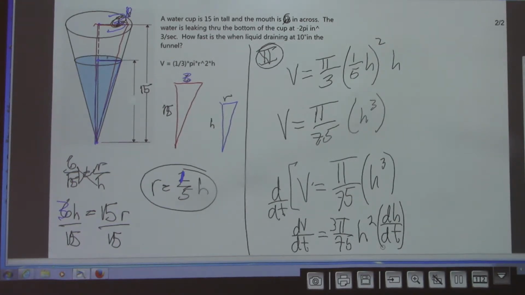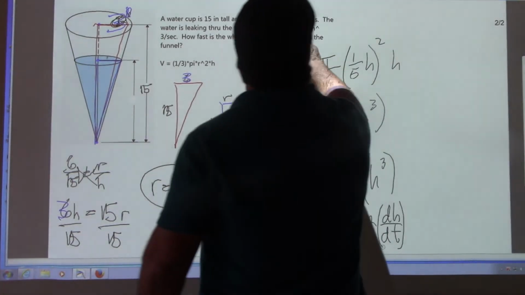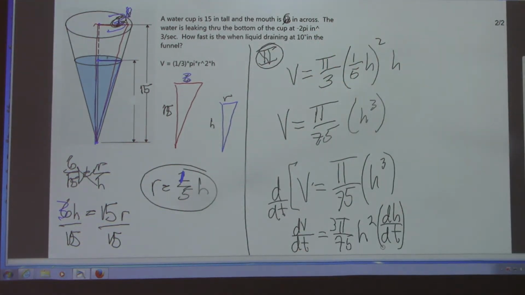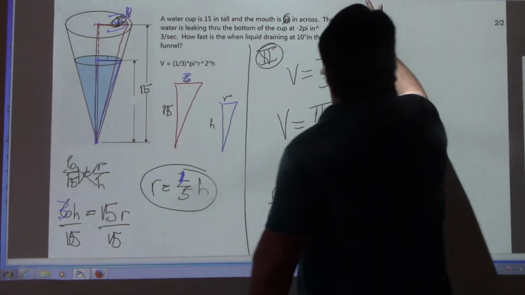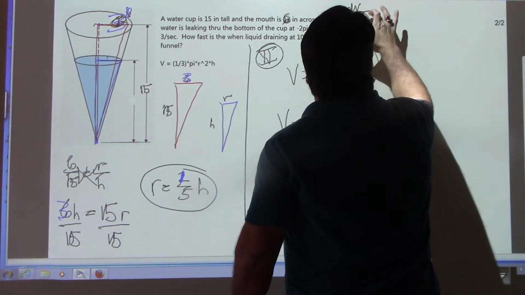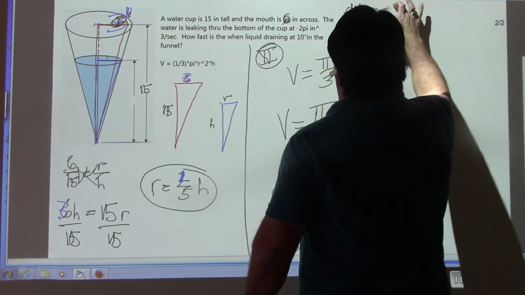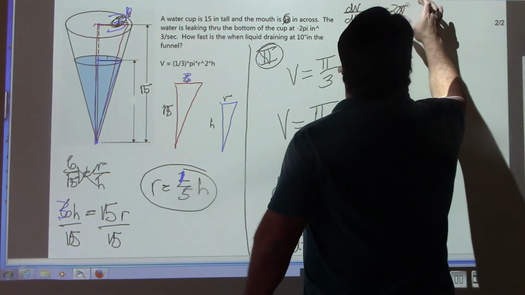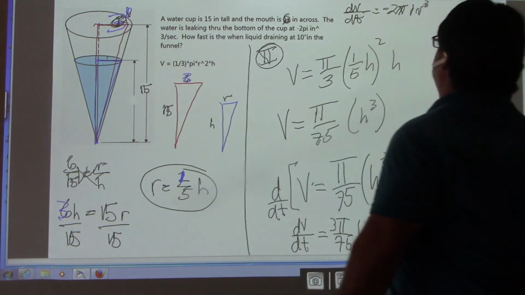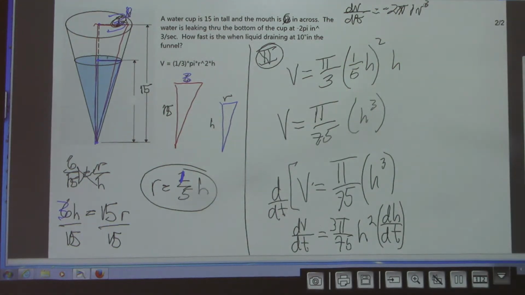And we know our dV dt is right here, 2 pi. Okay? So let's write that up here, dV dt, negative 2 pi inches cubed. I don't know why it's doing that. I don't write like that.